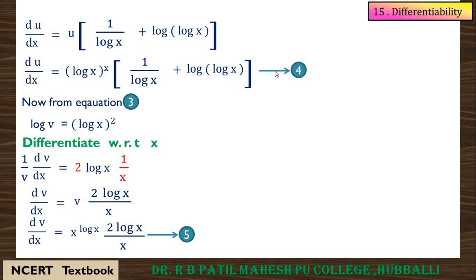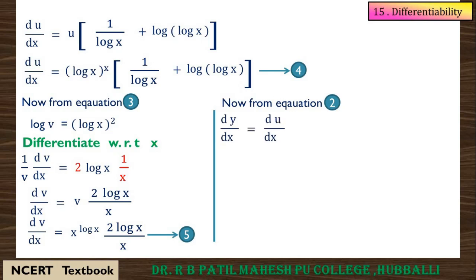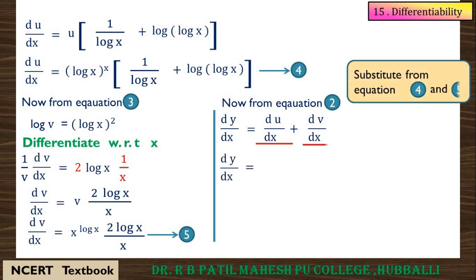Now you substitute equations 4 and 5 in equation 2, that is dy by dx is equal to du by dx plus dv by dx. So that becomes the solution. From equation 2 we have dy by dx equal to du by dx plus dv by dx, with du by dx and dv by dx substituted from equations 4 and 5.